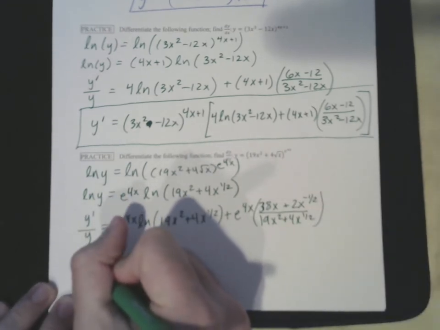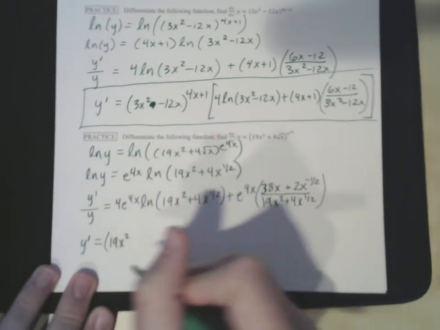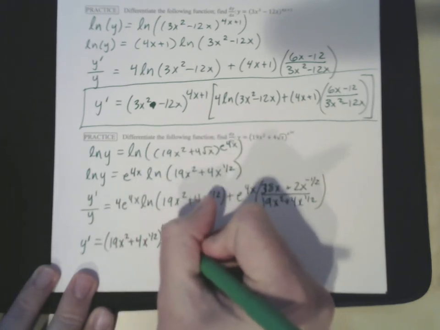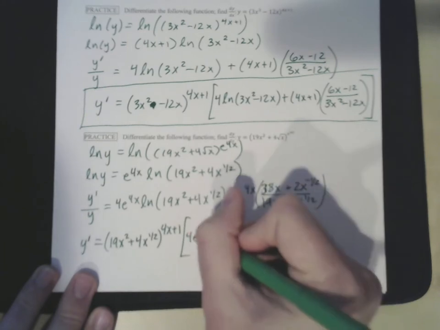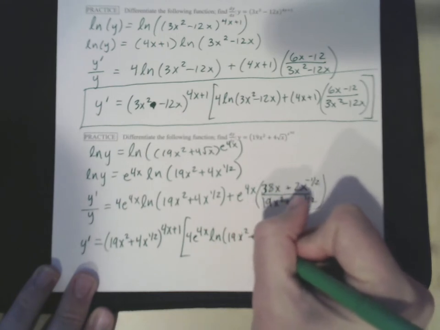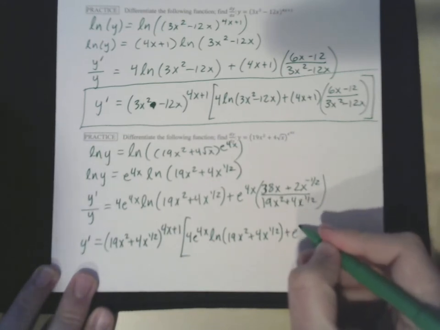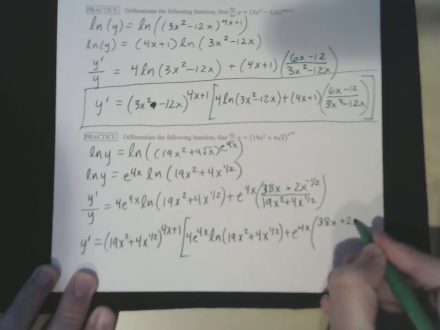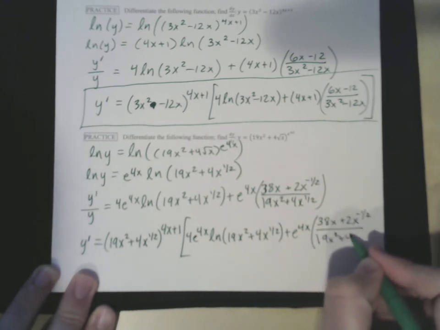And the last step is to solve for y prime by moving the y back over. So this is 19x squared plus 4x to the 1/2 to the 4x plus 1 times what we have written here, 4e to the 4x ln of 19x squared plus 4x to the 1/2, plus e to the 4x times the fraction 38x plus 2x to the negative 1/2 all over 19x squared plus 4x to the 1/2.